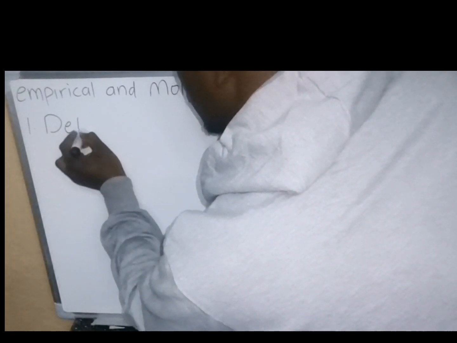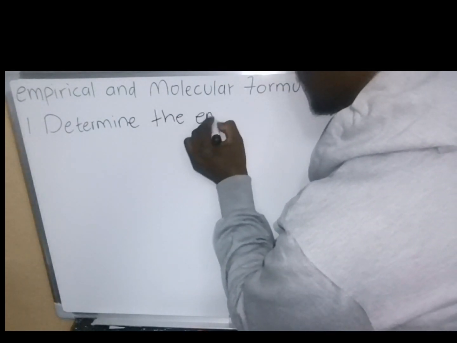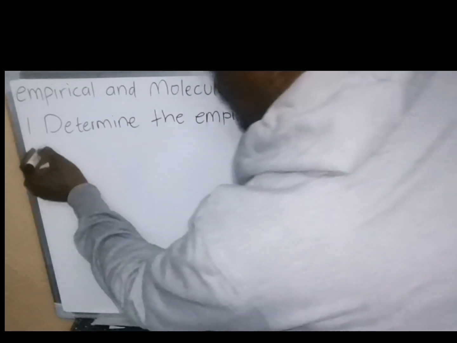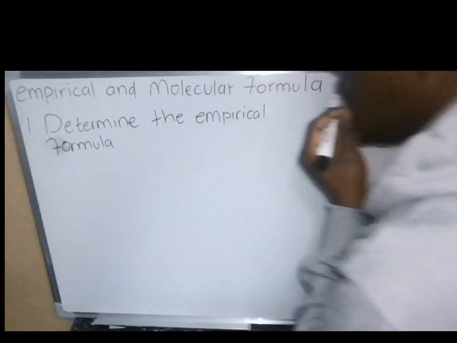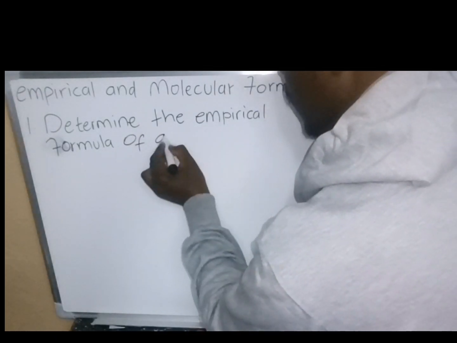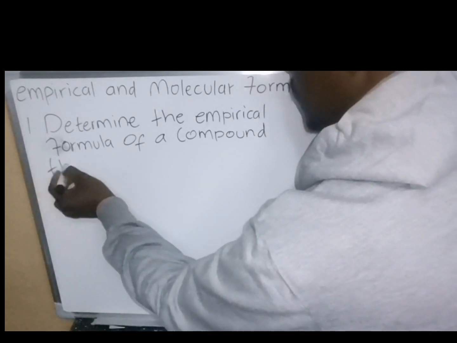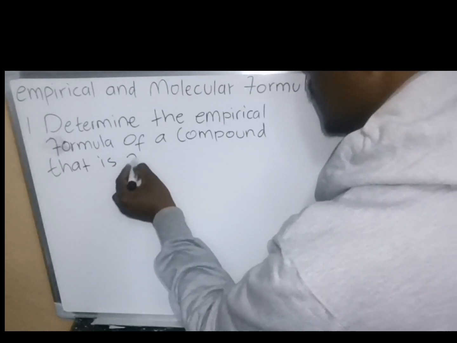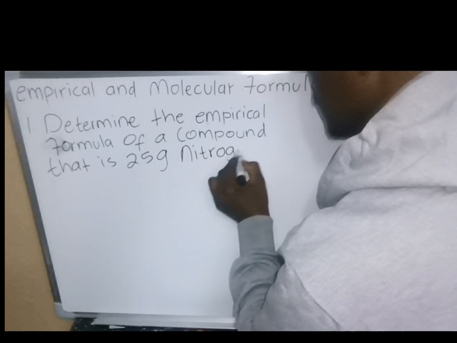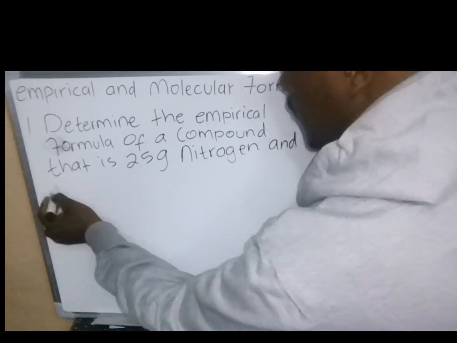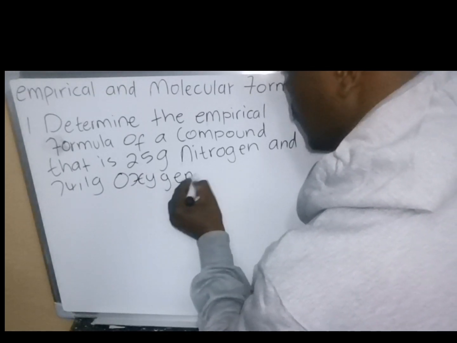Number 1: determine the empirical formula of a compound that is 25 gram nitrogen and 74.1 gram oxygen.